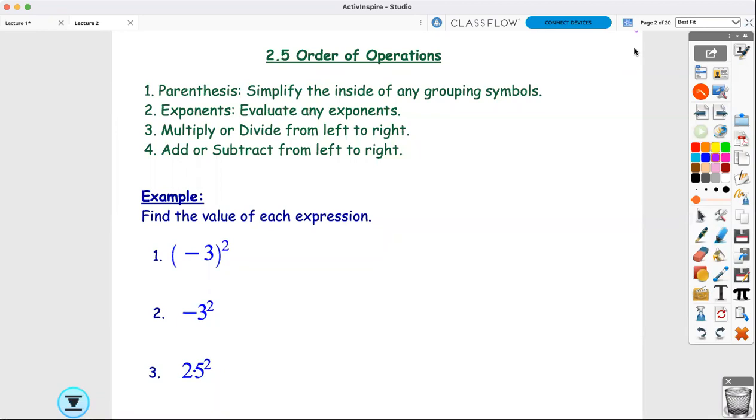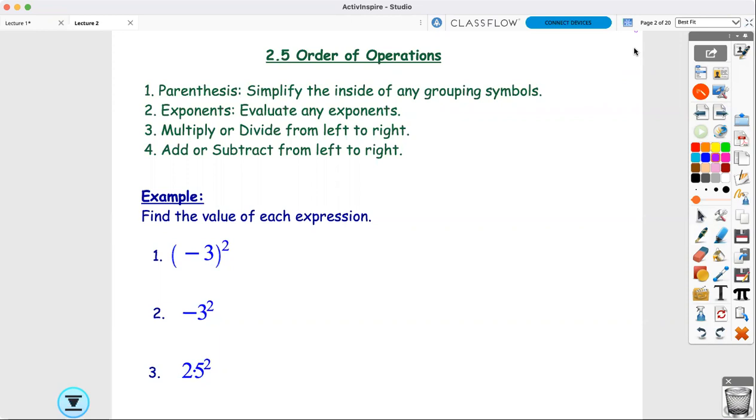We're going to cover 2.5 order of operations. The reason we're bringing back order of operations is we're now going to deal with integers, positive numbers and negative numbers. So the steps are there for us to use. PEMDAS, you have them there. Look at example 1.